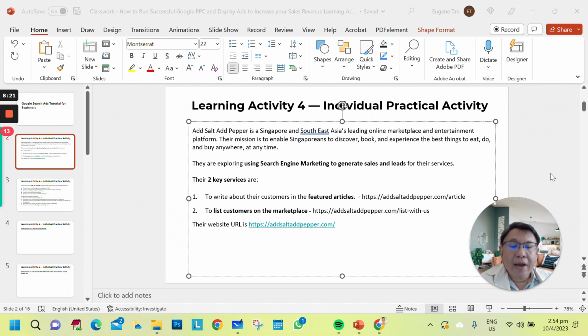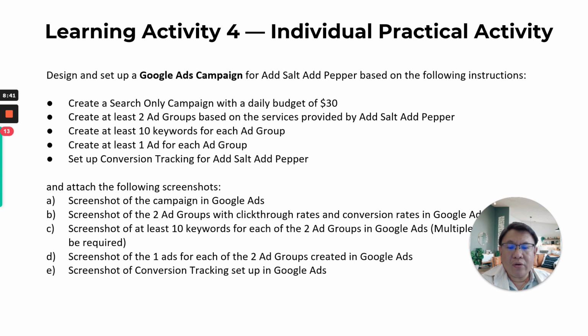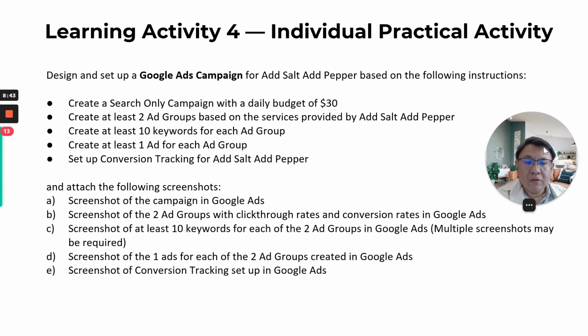So when we run our ads to these respective pages instead of the home page, we will get a better and more relevant and higher quality score. So this is important.